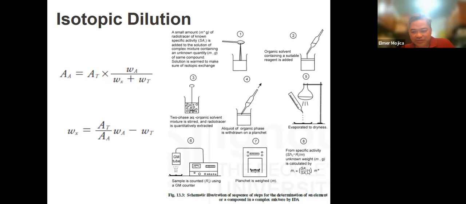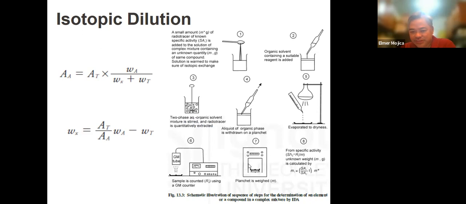Mass is just equals to the specific activity times 1 times the mass. Oh wait, not there. Dito muna tayo. So 1, 2, the two-phase aqueous solvent tracer mixture is stirred and the radiotracer is quantitatively extracted, and then an aliquot of the organic phase is withdrawn on a planchet, and then you evaporate it to dryness.